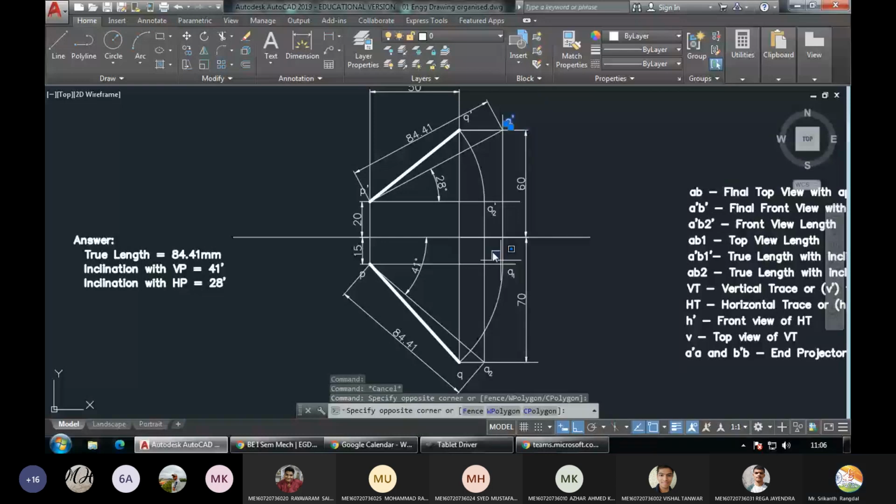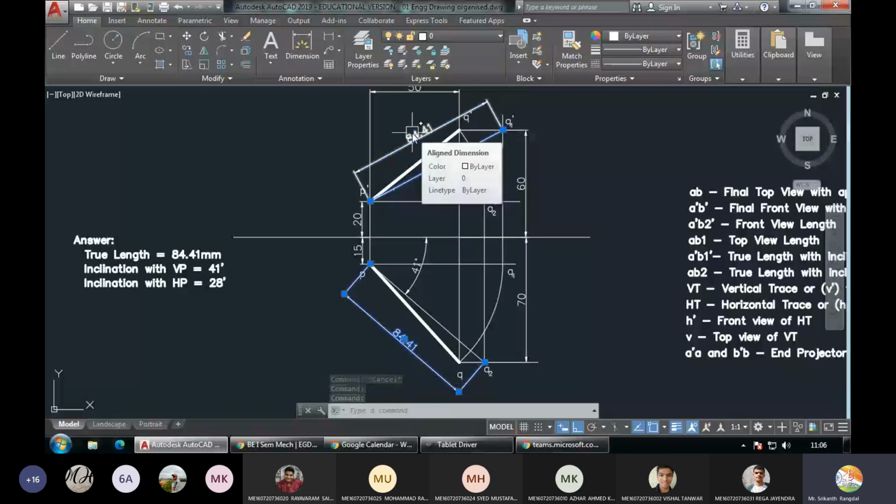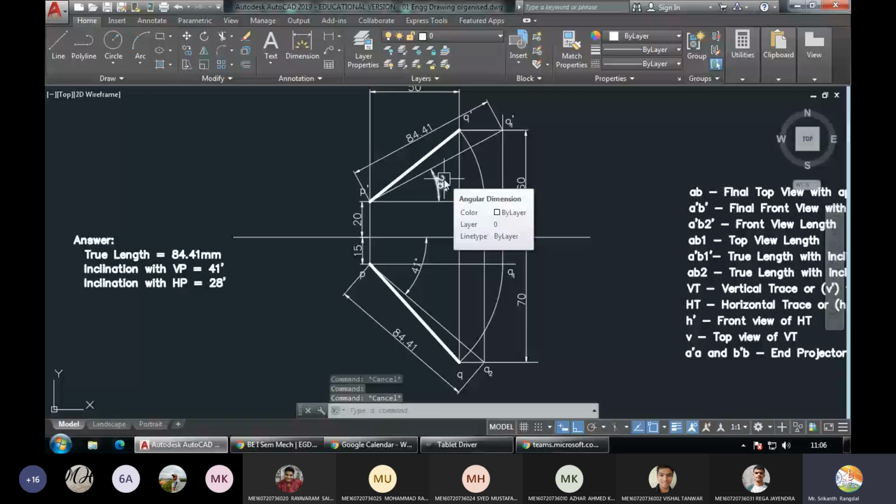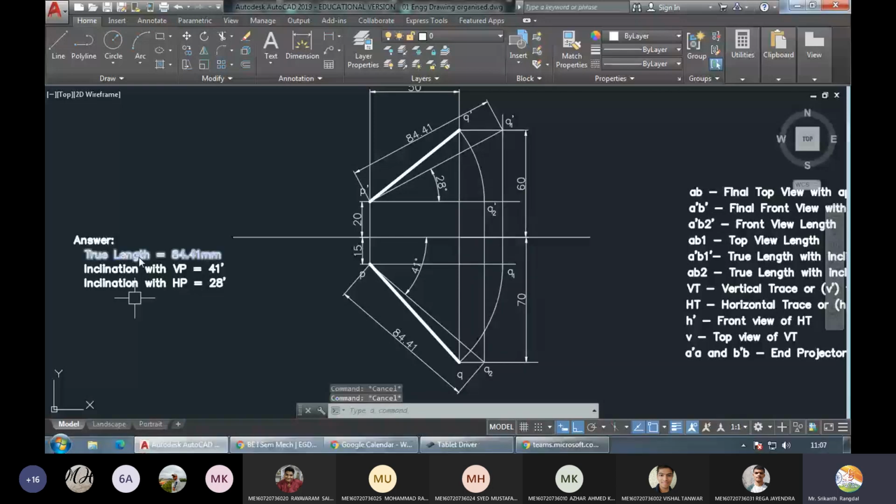Then P dash Q1 dash, we have again checked that it is equal to this length, and of course it is also the true length. Then we have found its angle with the horizontal, and this angle is the inclination with HP. So that solves our problem.